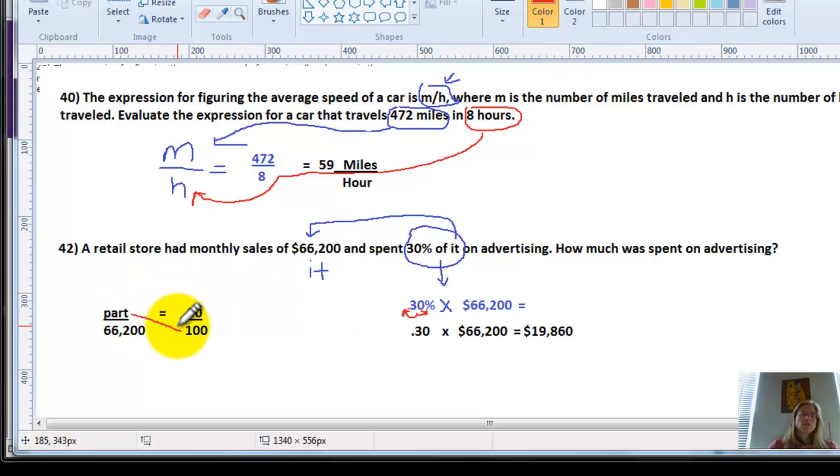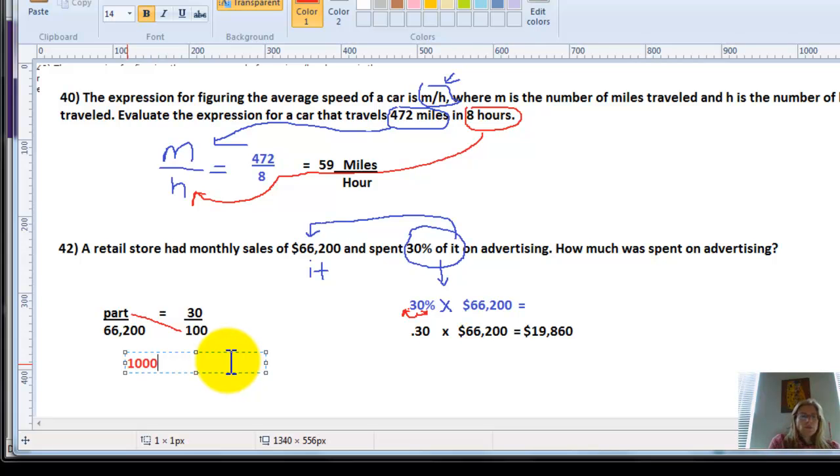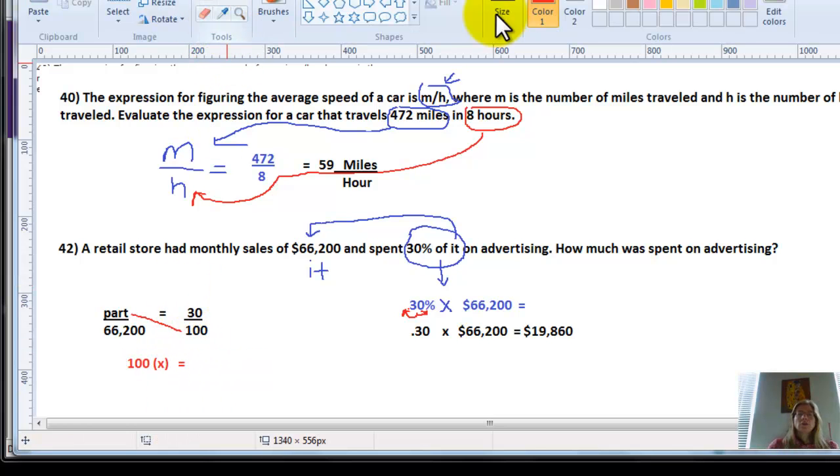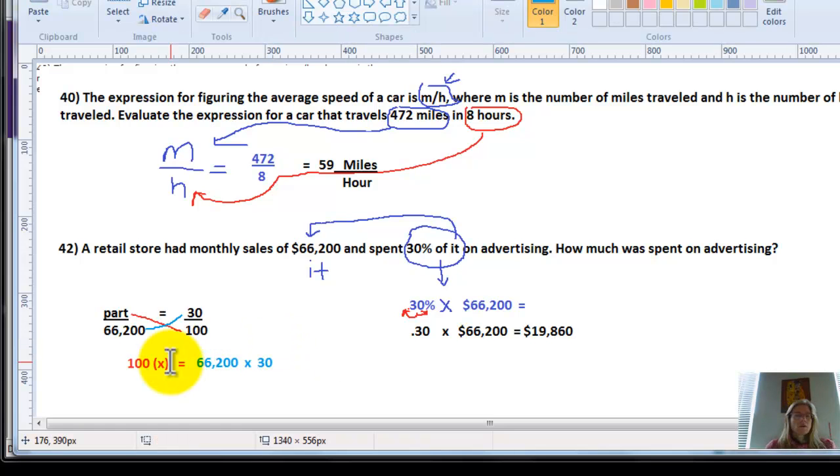Part becomes an x, so you do x times 100. 100 times the part. Let's use x. Will then equal 66,200 times 30. So we're multiplying those two, but we set them equal to each other.